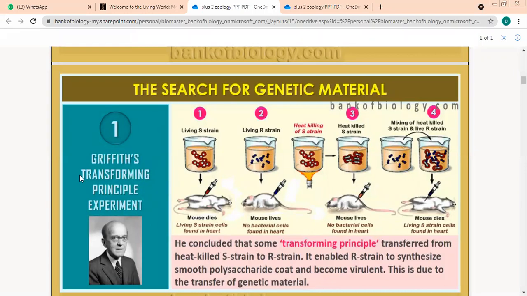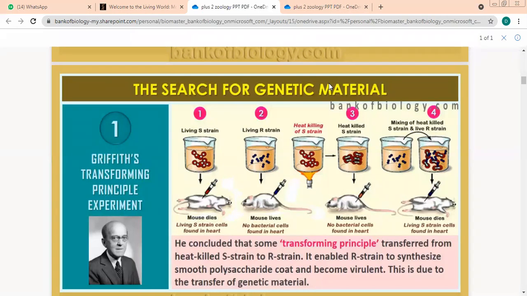What is this principle called? Griffith's transforming principle, because it was given by Frederick Griffith. And because it talked about a transformation, we also call it Frederick Griffith's transforming principle.